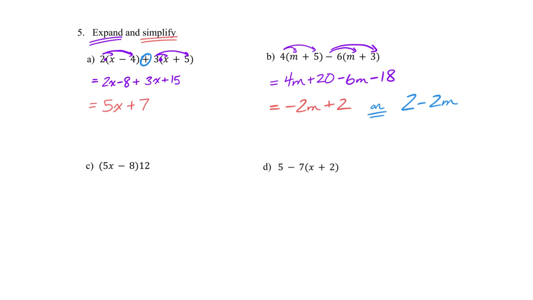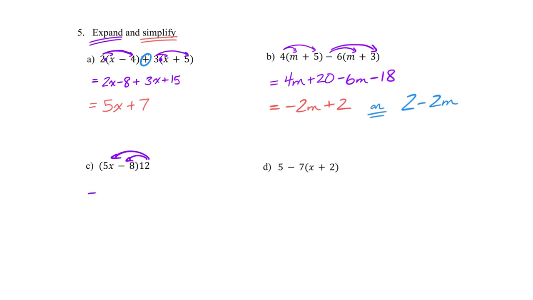If I have something times multiple things, which is what I have in all of my brackets, then I know that I can expand that by multiplying into everything inside the bracket.